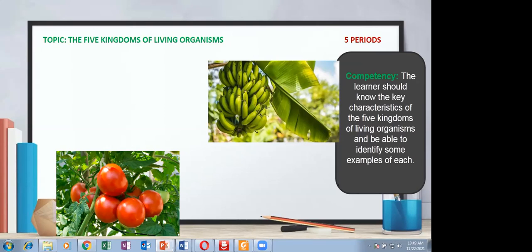Yes, Timon. Timon, do you agree with them? When you are chosen, you unmute, and then you are able to tell us. Yes, Timon. Kingdom Plantae.